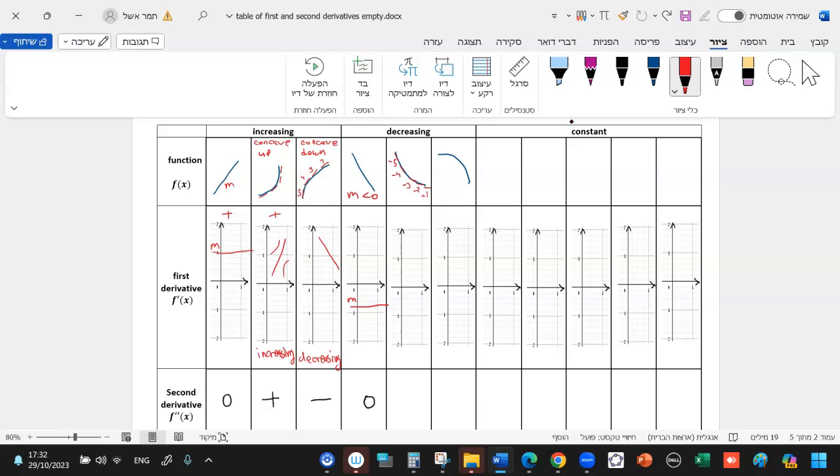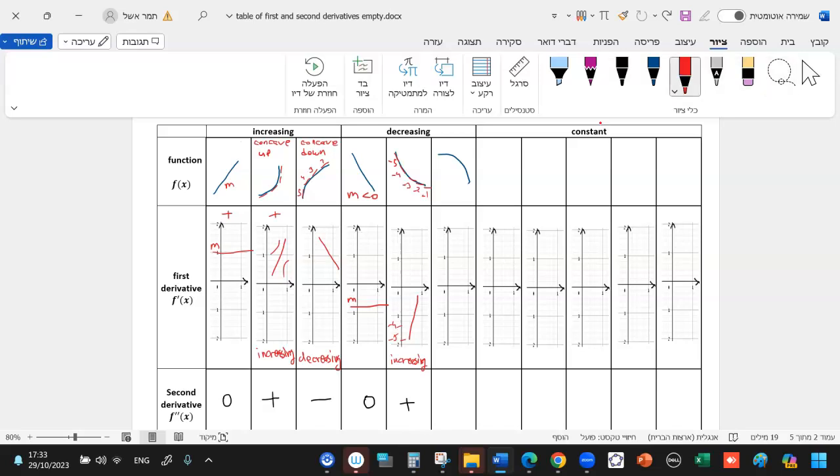The first derivative that describes this gradient will look something like this. Negative, but increasing from -5, -4, and so on, going up towards 0. So we have first derivative, which is negative, increasing. So the second derivative here will be positive.